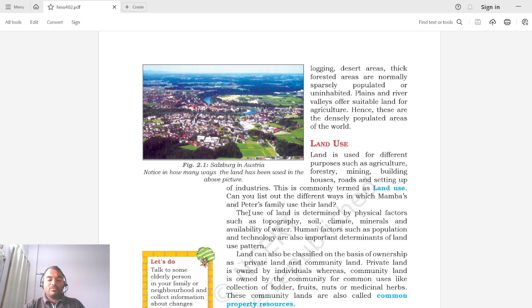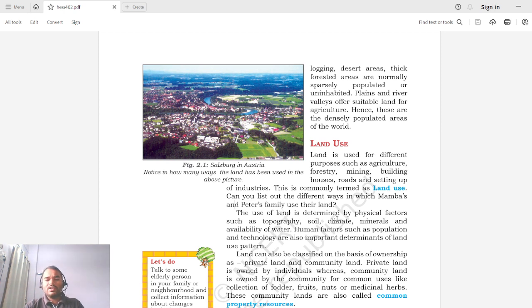So apart from land, if there are some other resources available, say for example if there is plenty of water, if the climate is cool or hot, whether there are any minerals that can be found underground, or what the topography of the land is, whether it is a plain land, whether it is a plateau, whether there are hills, mountains. So all these factors apart from only land will determine what type of activity will be done on that land.